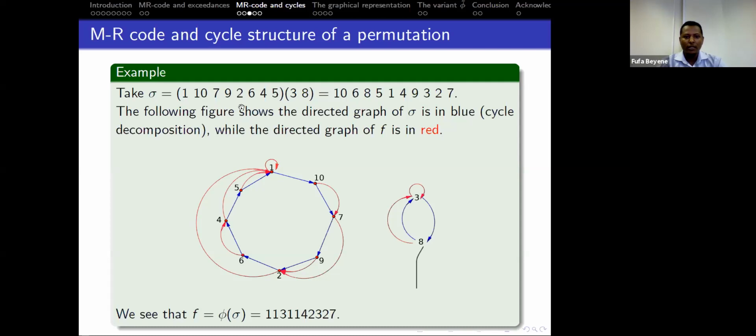So the closest integer in the cycle of 2 less than or equal to 2 is 1, following the orientation of this cycle. So f2 is 1 again. And in general, we obtain f: 1, 1, 3, 1, 1, 4, 2, 3, 2, 7.